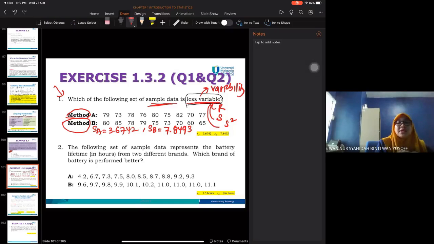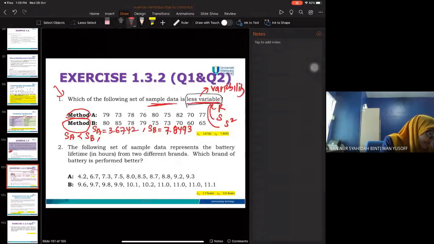For method B, SB is 7.8493. So we calculate the value, then the next step is to answer the question: which of the following sets of sample data is less variable? We already calculated the values, so the next step is to compare. Here we have SA less than SB.